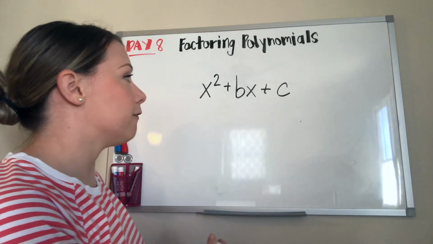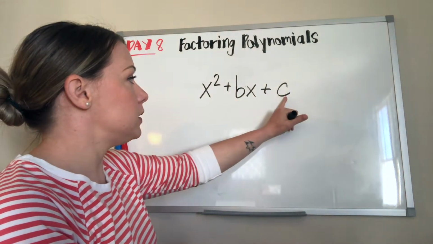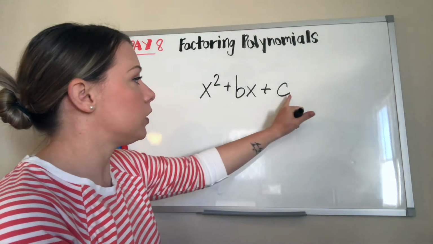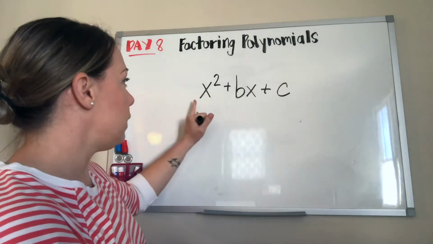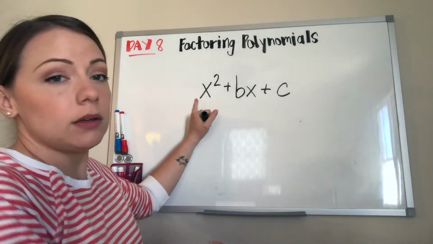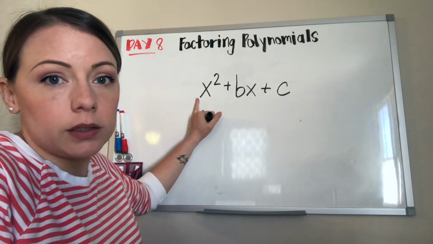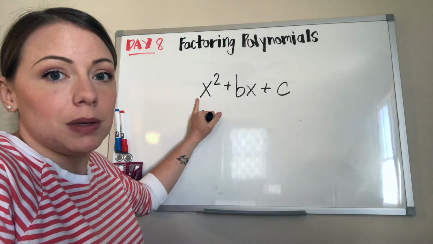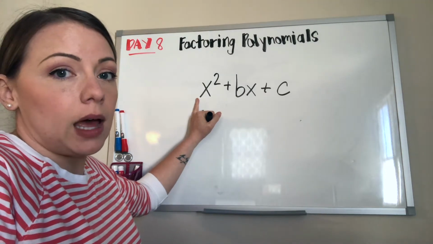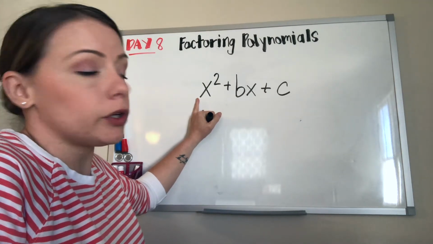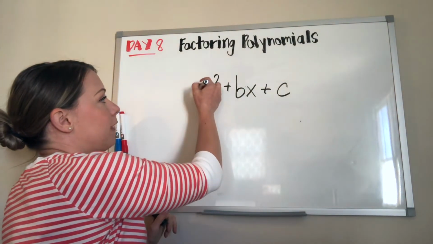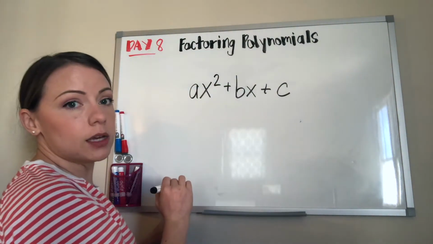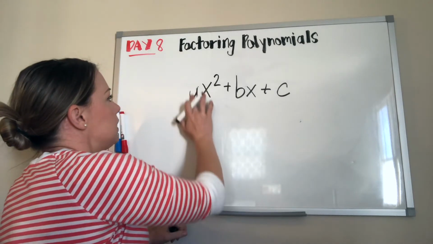B and C are variables for some sort of coefficient or constant that would be present in this polynomial. Also, notice there is not a letter currently in front of x squared, because that's going to be your lesson for day 9 if you have yet to look into that. Eventually we'll build up to how to factor something such as this, but today we're not really going to look at that.